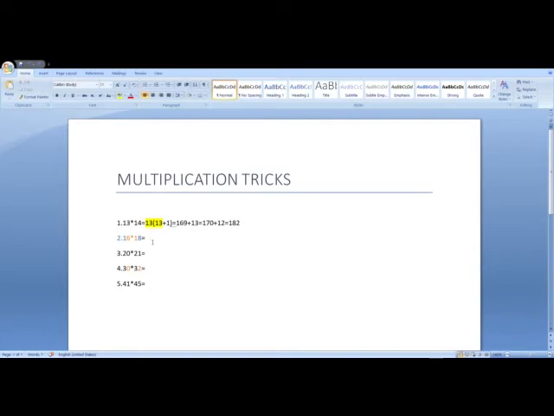Now 16 into 18. I'm using the Vedic math trick here.